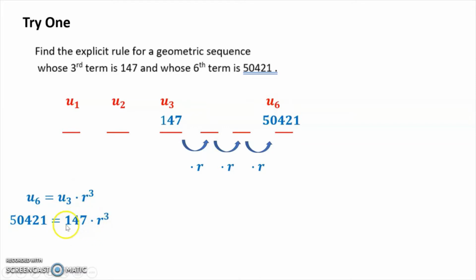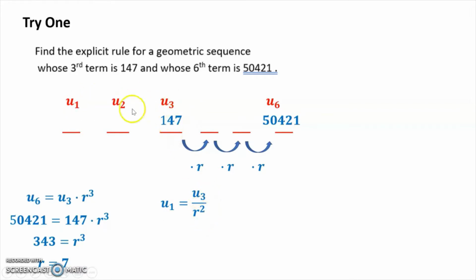Do this. Now you can divide by 147 on both sides to get 343. And then take the cube root of 343. So in your mind, you're thinking, what times itself 3 times is 343? That number is 7. Now let's find u1. To get to u1, we can begin with the one we know, u3 divided by r squared, right?